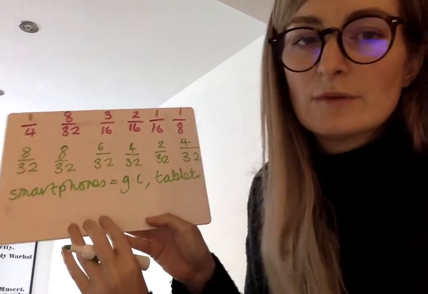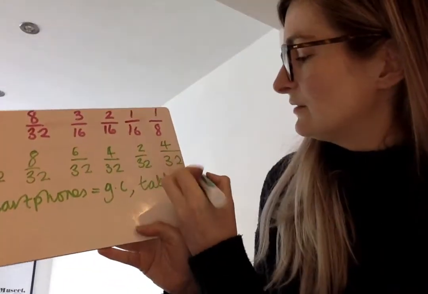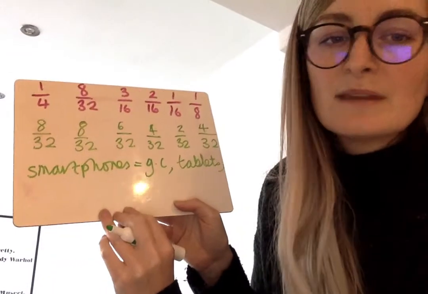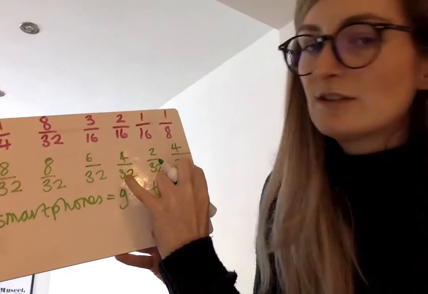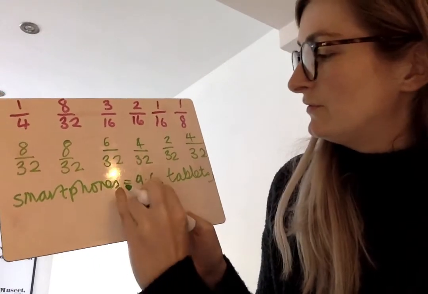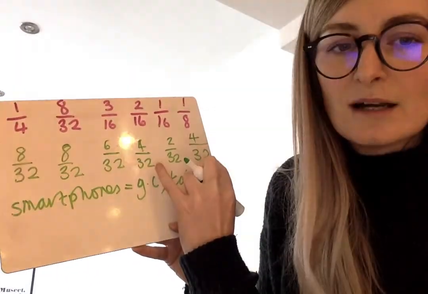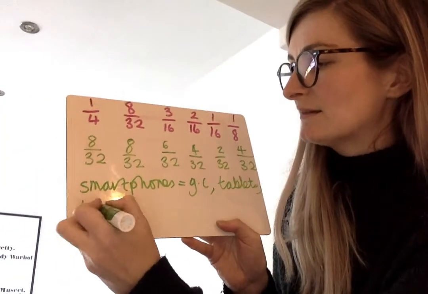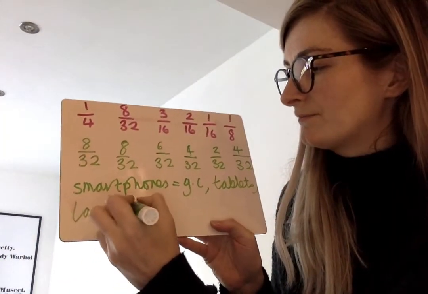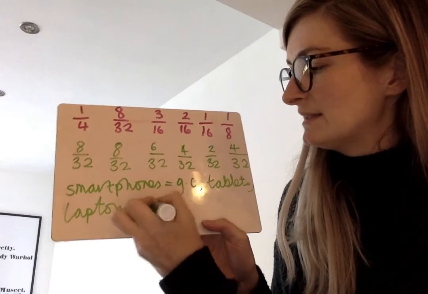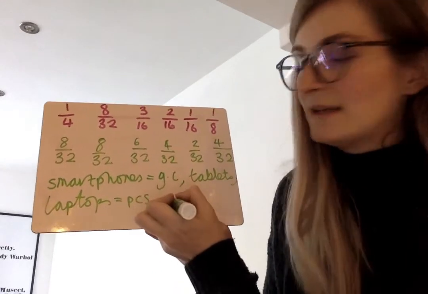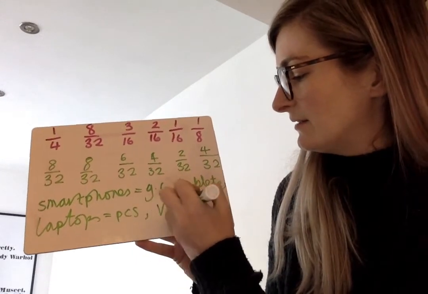Really hard to write whilst I'm holding up and filming. Don't judge my handwriting, guys. Next up we have these two came joint first, second, third. So that was laptops and PCs. Laptops equal PCs. And then lastly it was VR headsets.